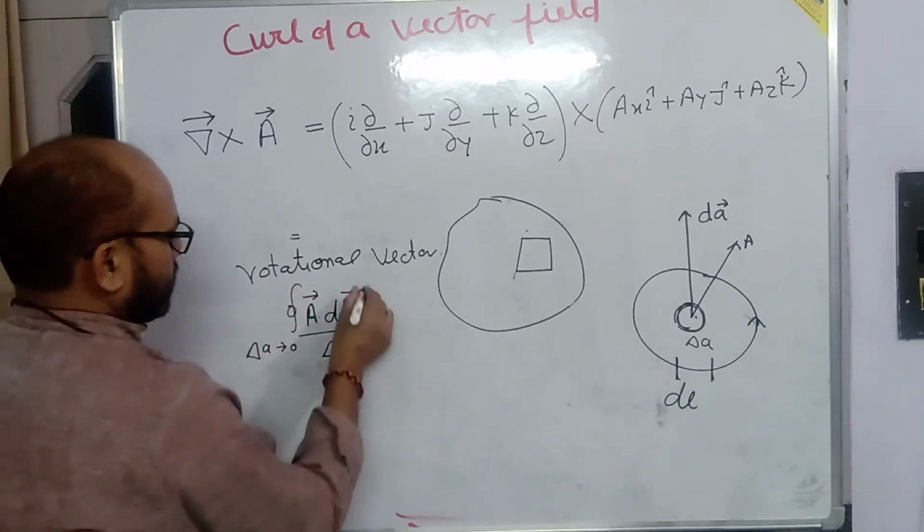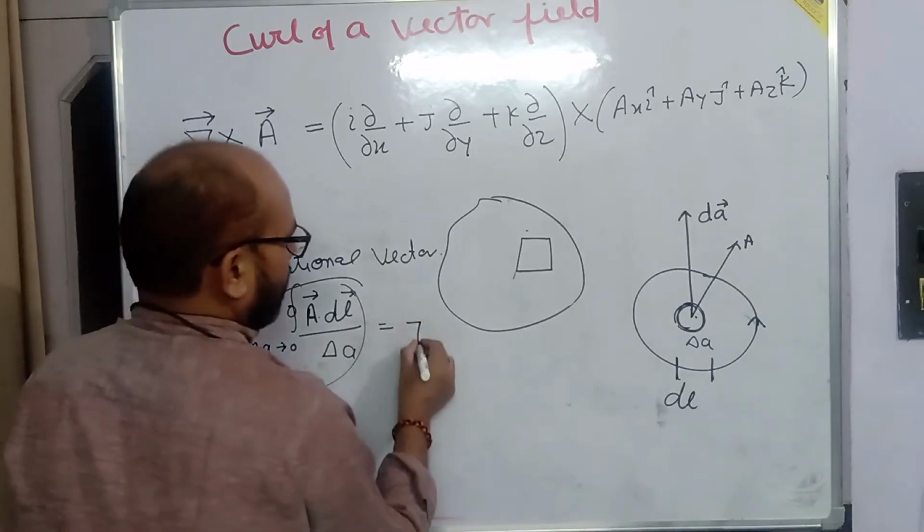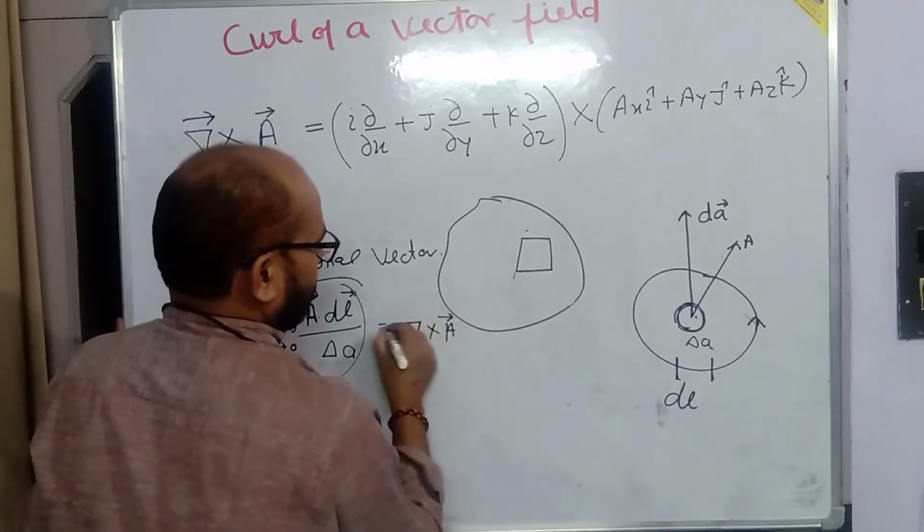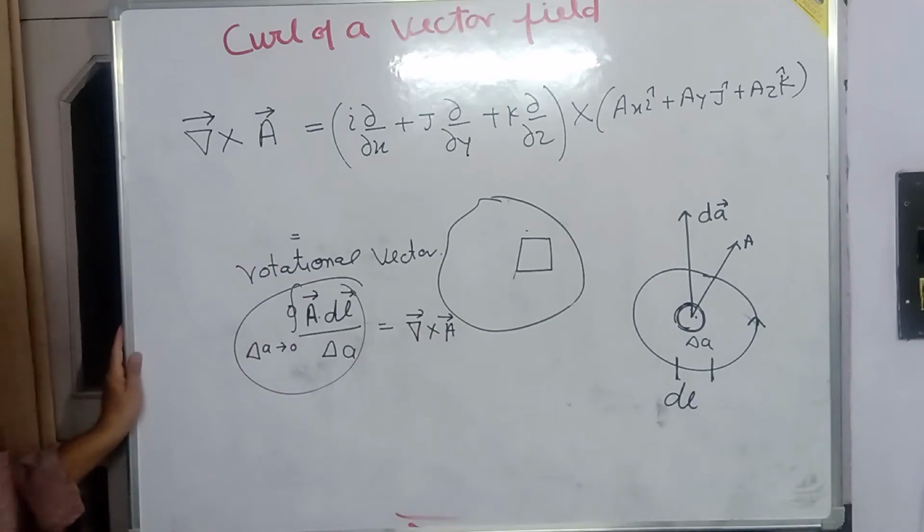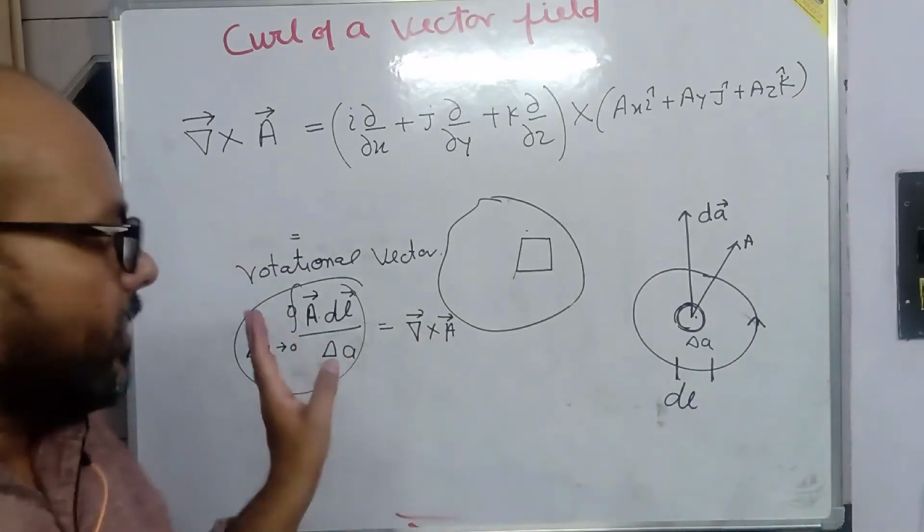That is known as the curl of a vector field A.